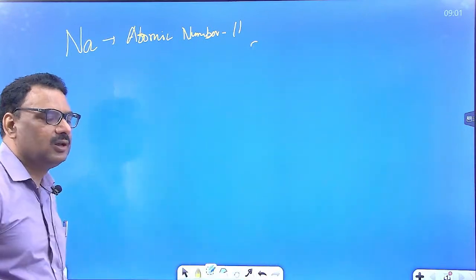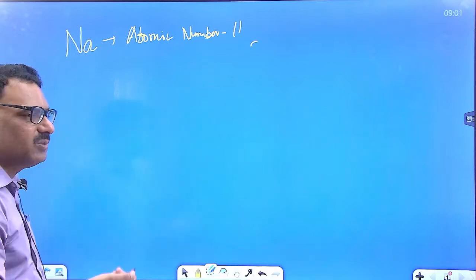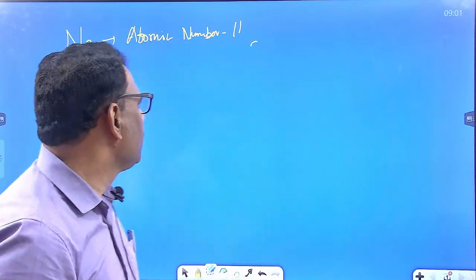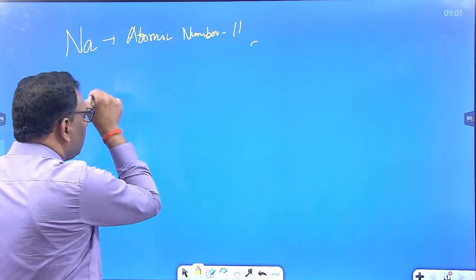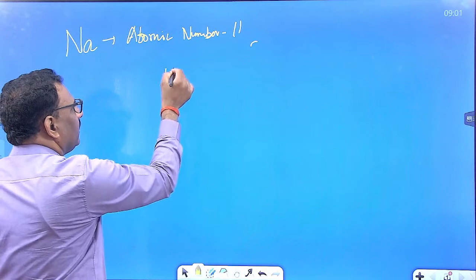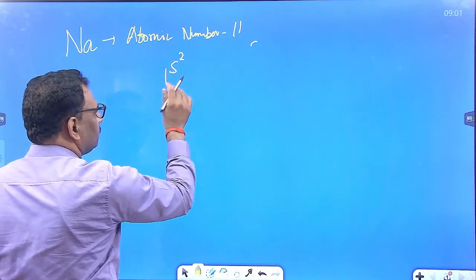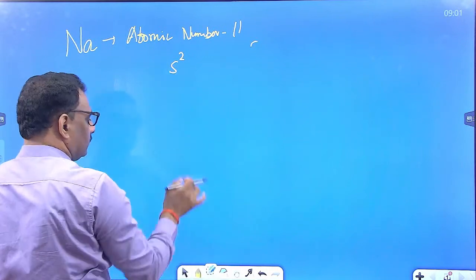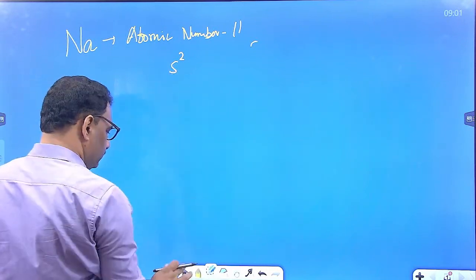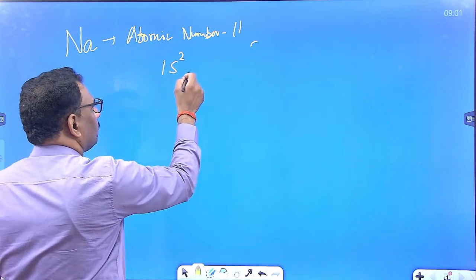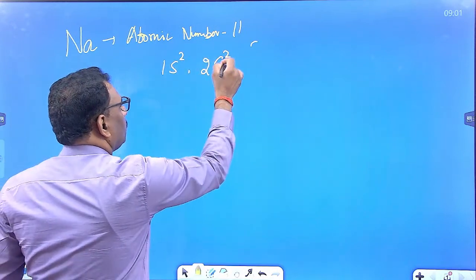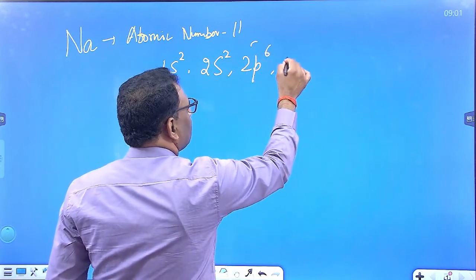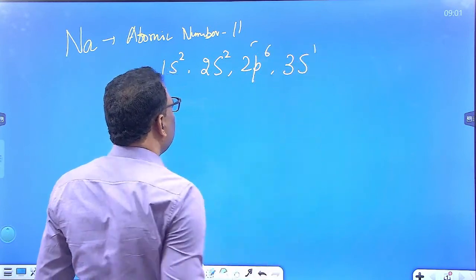And we know the distribution of these electrons, the electronic configuration of this atom is 1s2, 2s2, 2p6, 3s1.